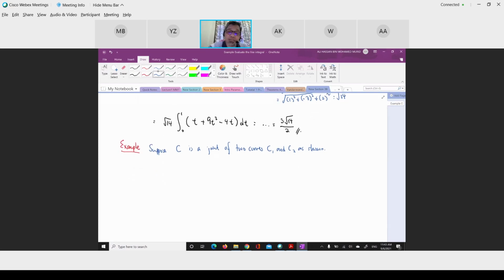So let me sketch the graph. It is a curve and a semicircle here. The semicircle is C1, and the vertical curve is C2. The semicircle is centered at the origin with radius 2. So therefore, C is the joint, the sum of the two curves, C1 and C2.